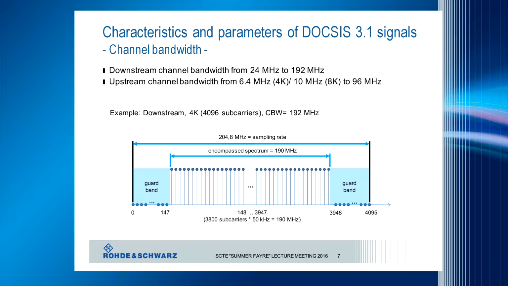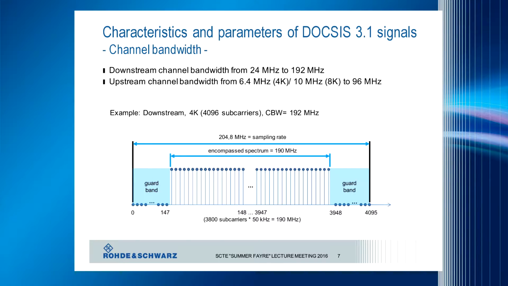So we have here 3,800 subcarriers in use, in this case with a channel spacing of 50 kilohertz, which results in a real bandwidth of 190 megahertz. So if you talk about a channel bandwidth of 192 megahertz, the real spectrum is 190 megahertz based on the guard bands.